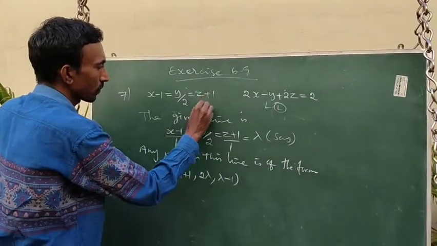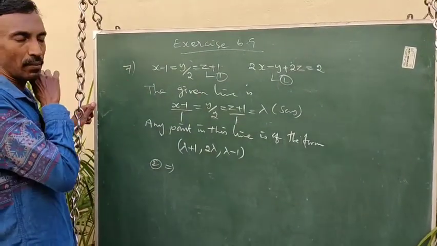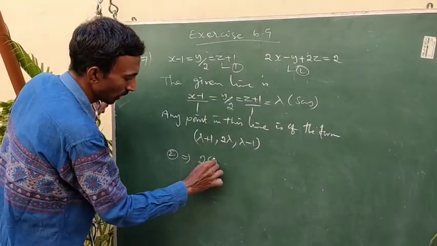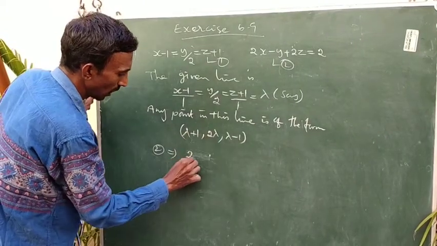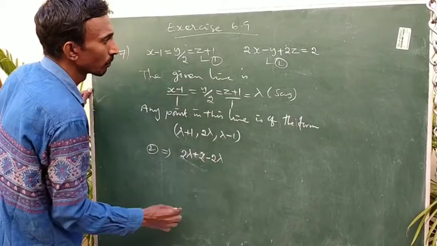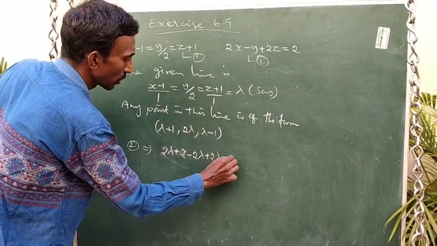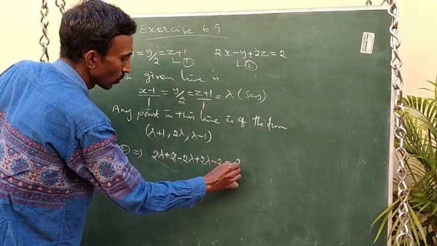So, it is a point of intersection, which means for some lambda it satisfies equation 2. So, 2 into (lambda + 1), minus 2 lambda, plus 2 into (lambda - 1), equal to 2.